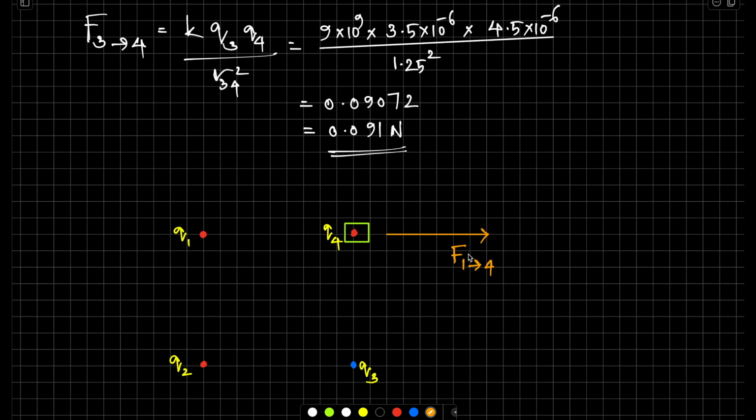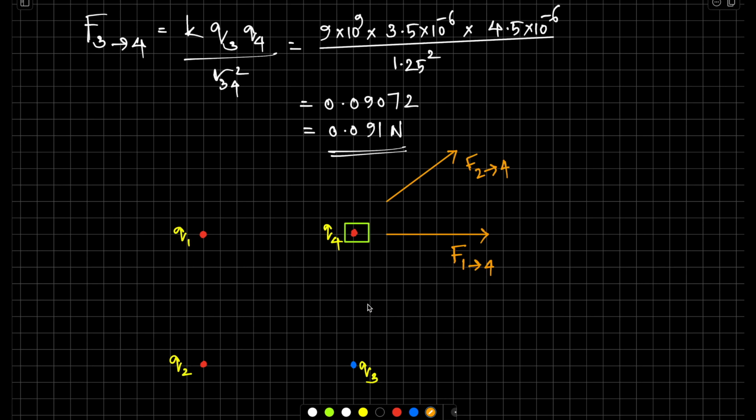Now what about Q2? Same thing, right? Q2 is also positively charged, so it will try to push Q4 away from it because both of them are positively charged. That's why F2 to 4 is in this particular direction.